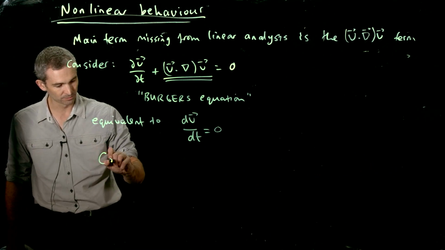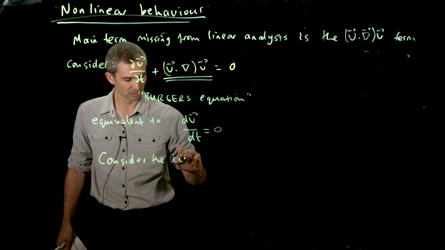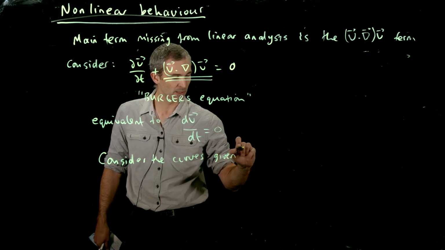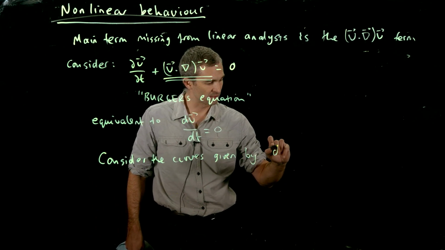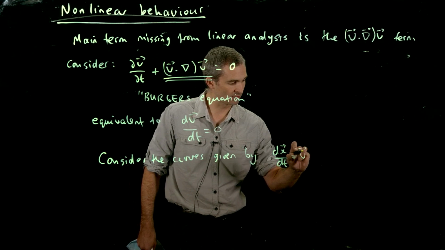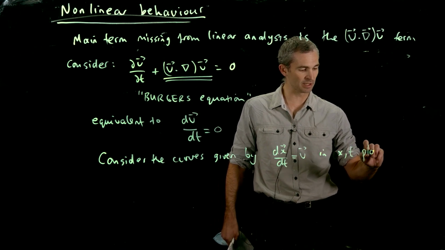So for example, consider the curves given by dx/dt equals v in the x-time plane. So you've seen one of these diagrams before.